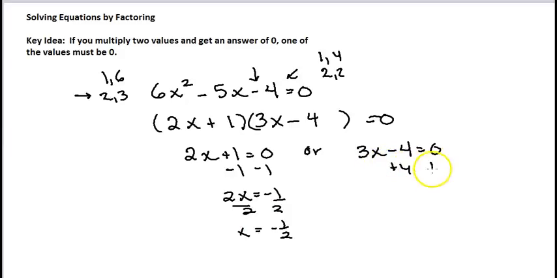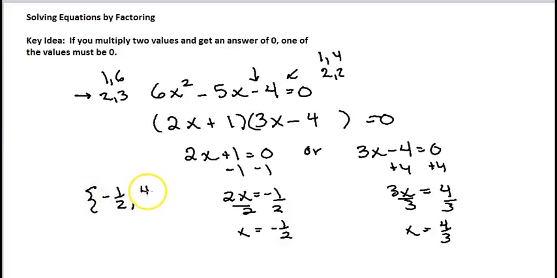And in this case, the x is positive 4/3. So my two solutions are negative 1/2 and 4/3.